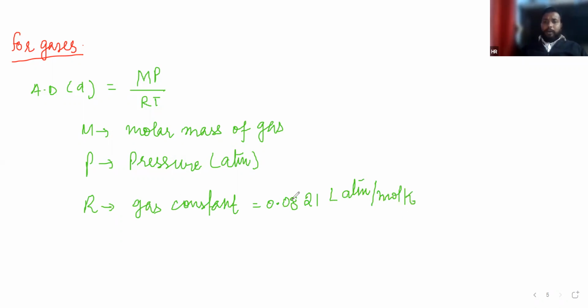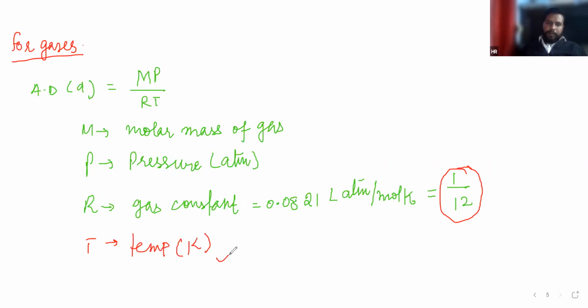You can also use 0.0821 as 1/12. For numericals you will always use this value, as it will be easy to calculate. T is for temperature, and temperature will be in Kelvin. Just write the formula.